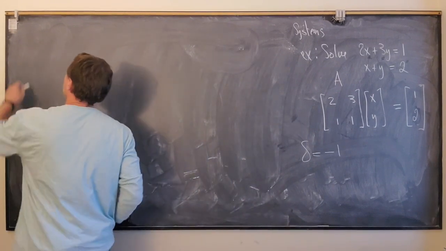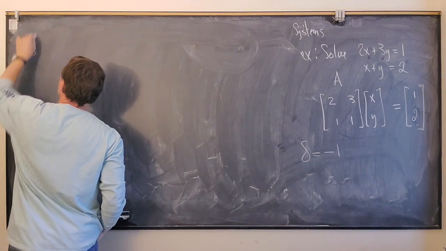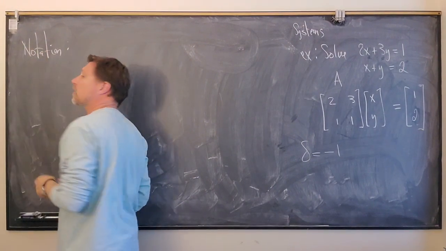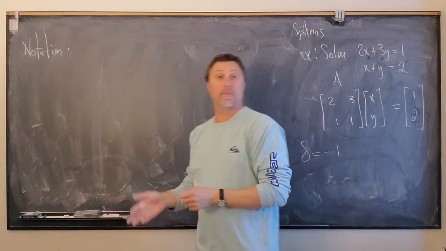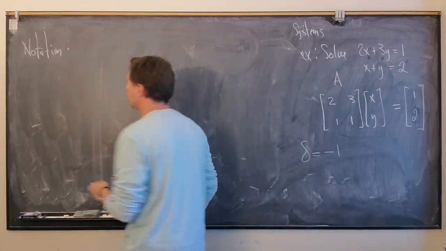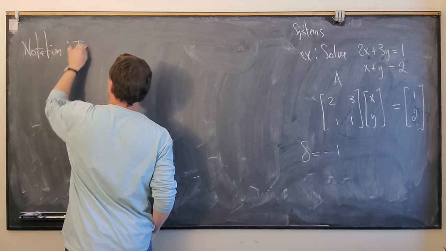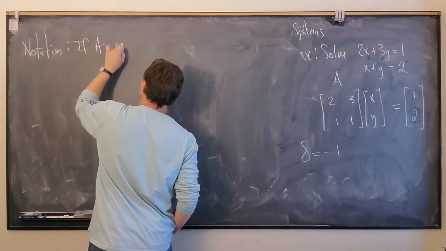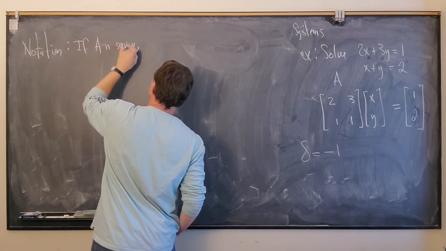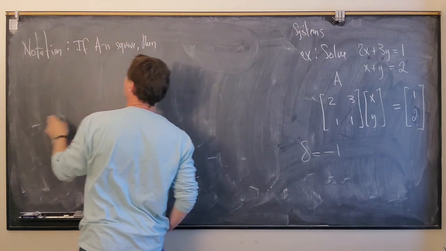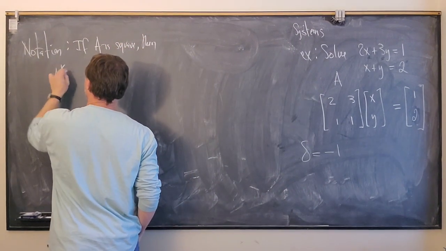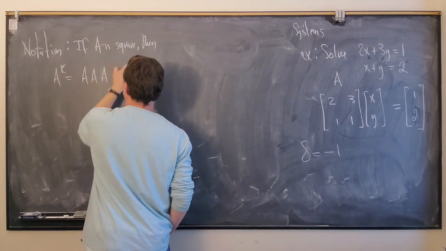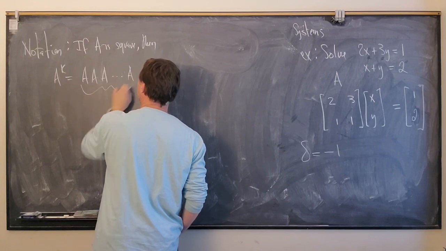A little bit of notation. We'll sometimes need to take a square matrix and multiply it by itself, sometimes multiple times. So if A is square, then we can define A to the K, and what that means is A times A times A, K times.